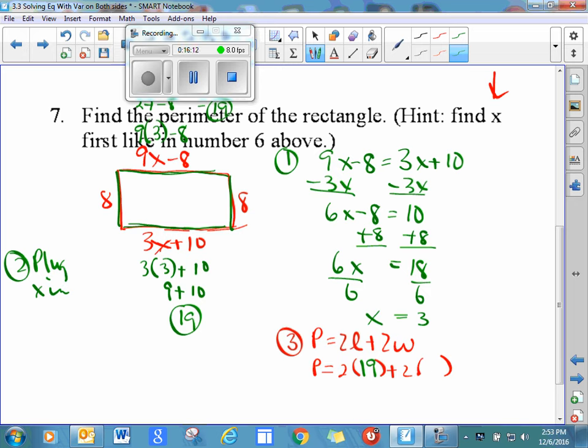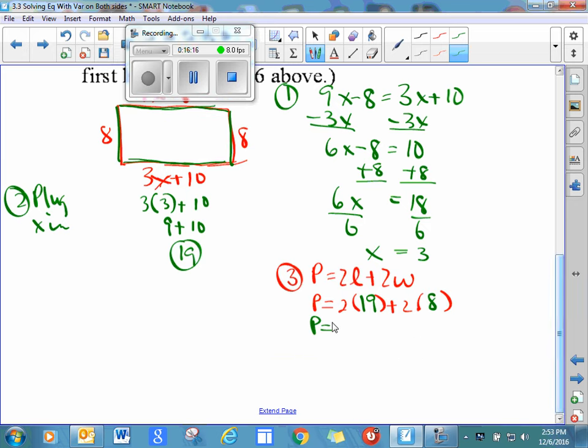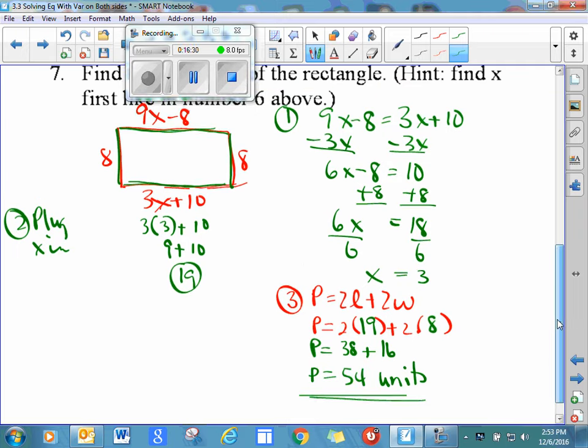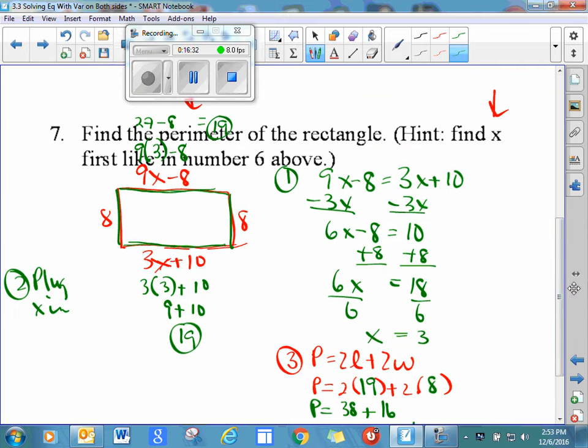And the width is 8. So the perimeter is 19 doubled is 38, plus 8 doubled is 16. So P is equal to 54 units. And that's the answer to the second question. So these take a little bit of work, but they set up nicely, and you just have to follow a pattern. So I want you guys to do the other square in number 7.